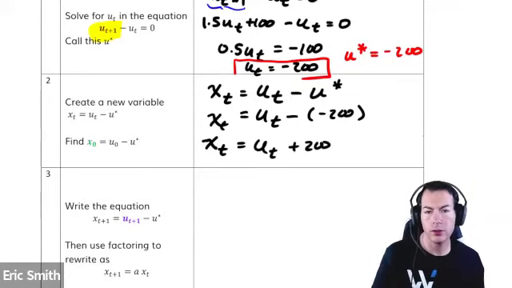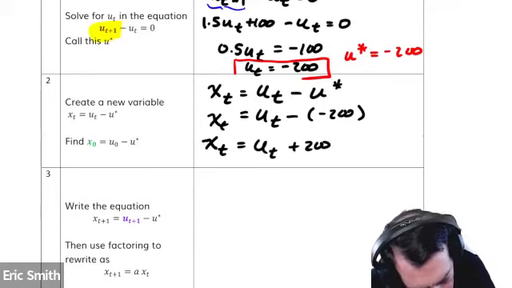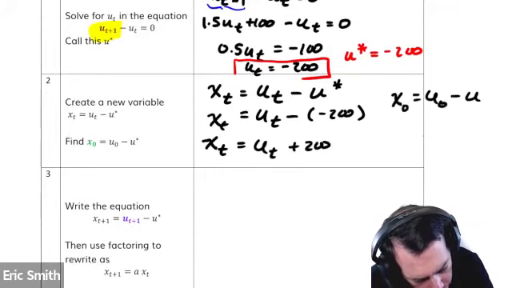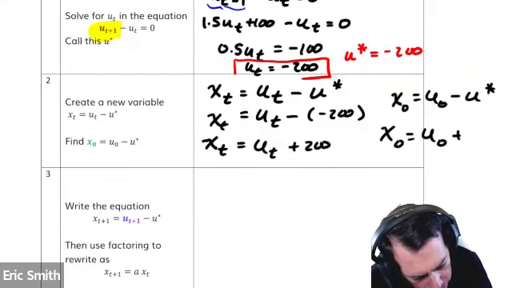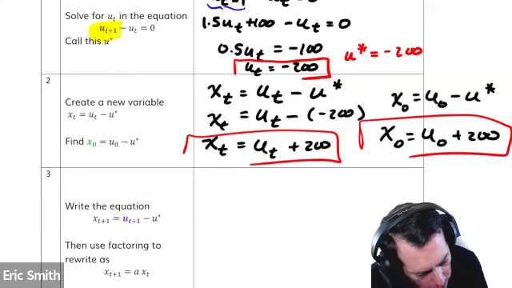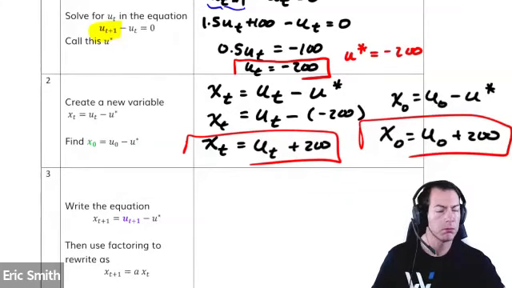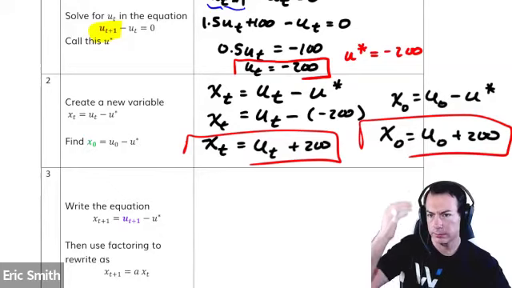I could also do this for my x sub 0. This would really be u sub 0 minus that u star. So in a similar way, this is just my initial amount plus the 200. Circle both of those. Excellent. So now we have a new variable.